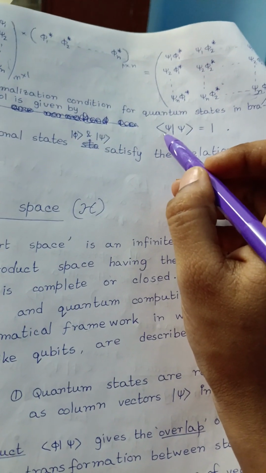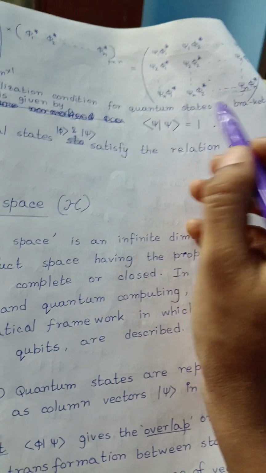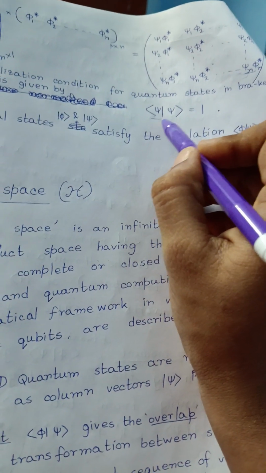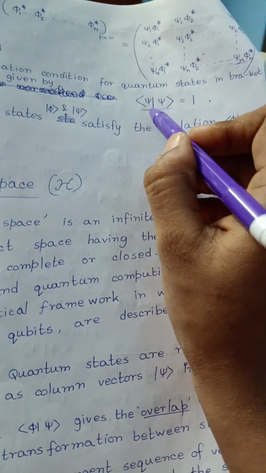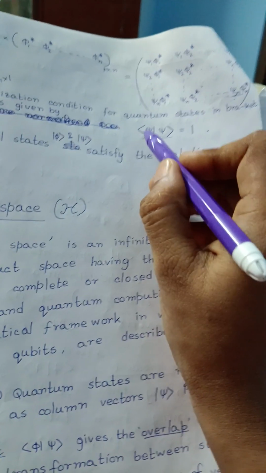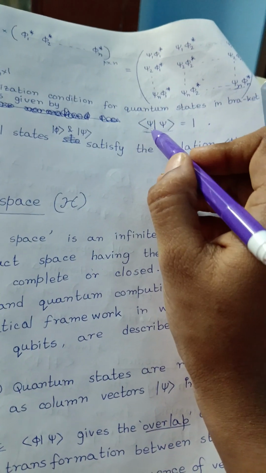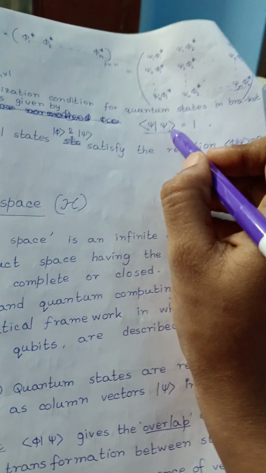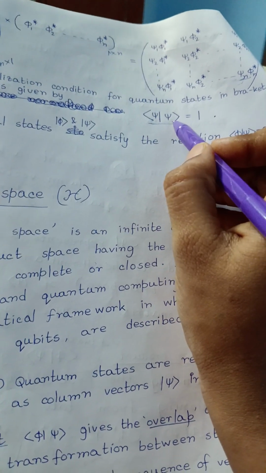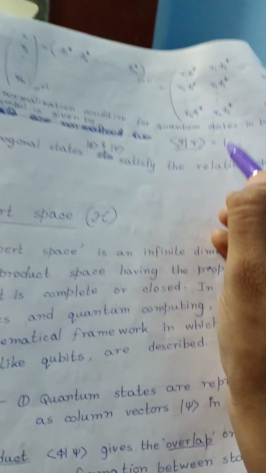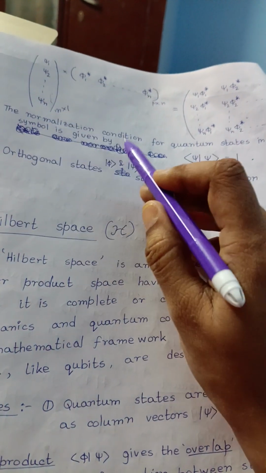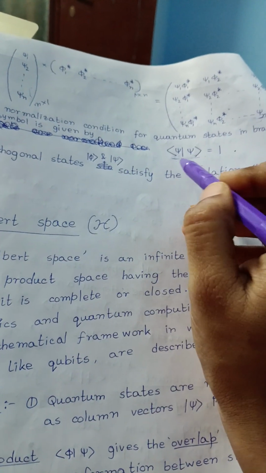In terms of Bra and Ket, psi star psi can be expressed as an inner product: Bra psi multiplied with Ket psi. So the inner product of psi with psi should be equal to 1. This corresponds to the normalization condition expressed in Bra and Ket notation.